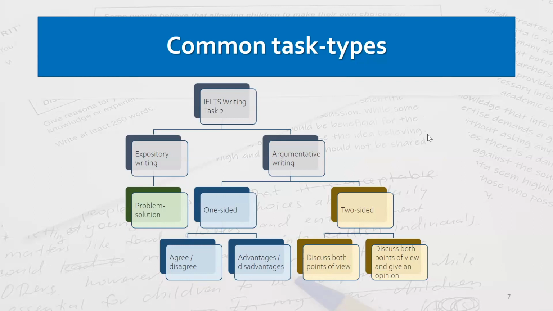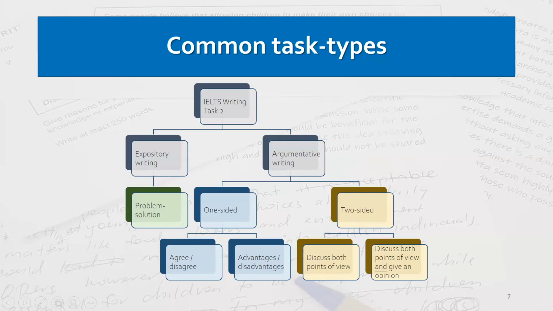Say if your answer focuses more on the advantages of something, it may also be a good idea if you could mention some disadvantages of that thing, but you do a rebuttal. So this is what I mean by considering the opposing view in a one-sided argumentative writing.